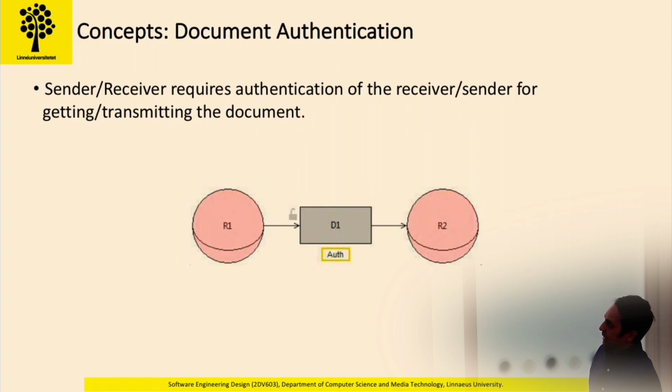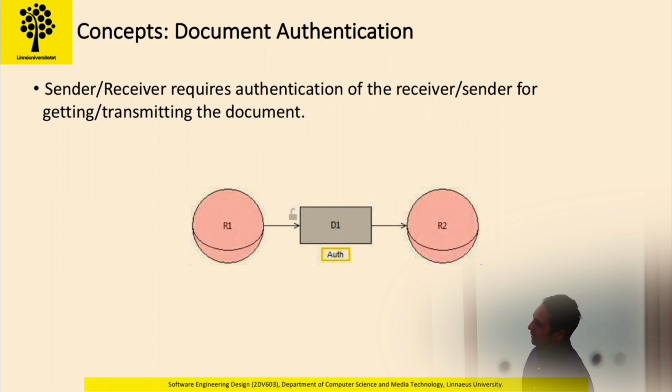And then the document authentication. When one role is transmitting a document to another role, this document should be authenticated, or the person who is sending should be authenticated. This is also a security need.